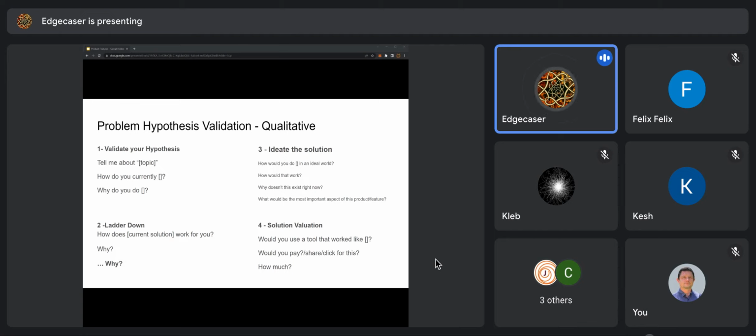So you either say, would you use a tool, and that's section 4, or you give them the room to ideate the solution, which is usually what I try to do.